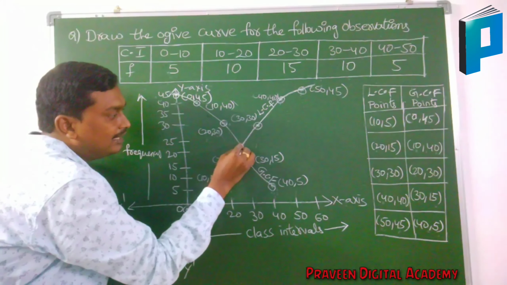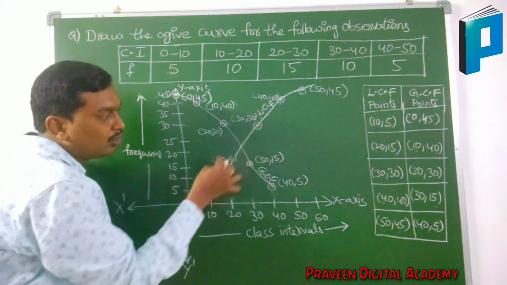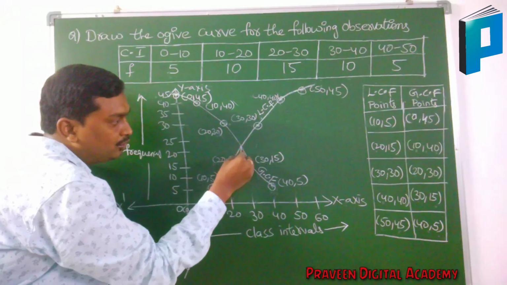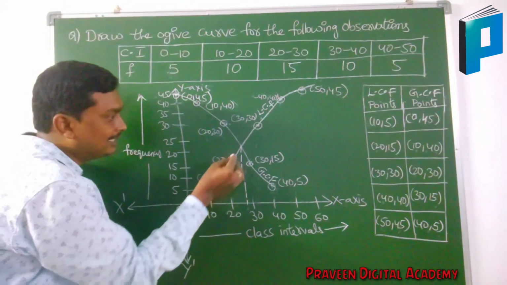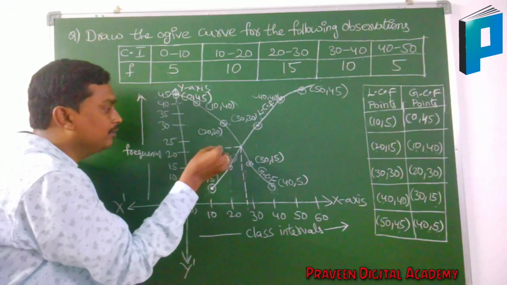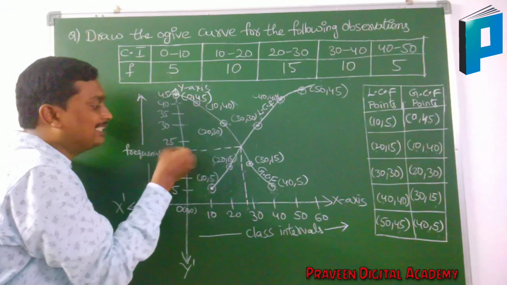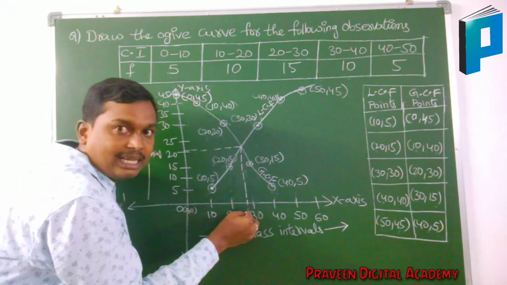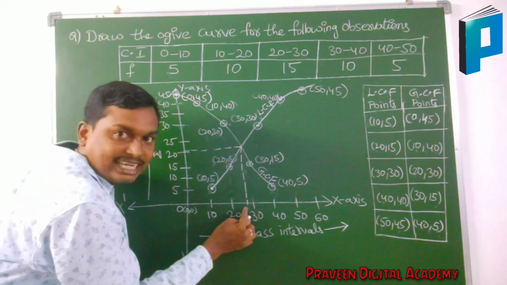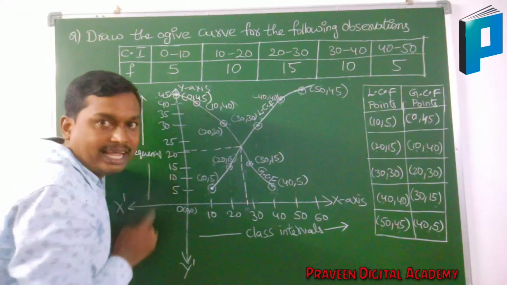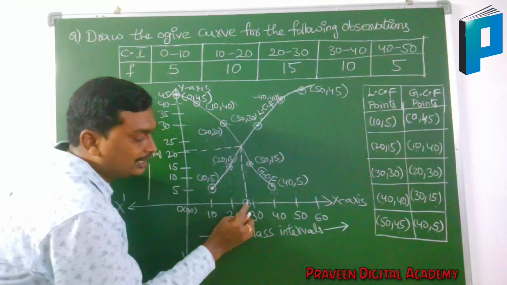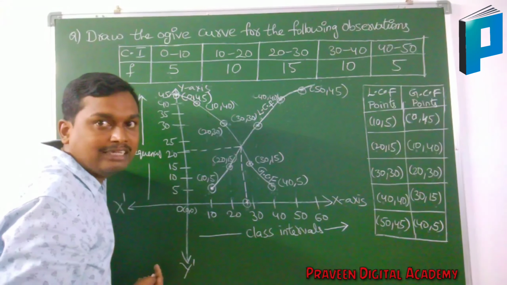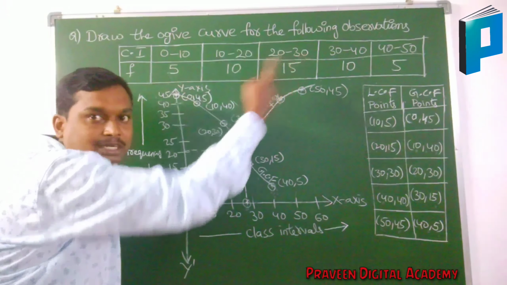Where these both curves meet, draw the perpendicular lines to the x-axis and also to the y-axis. Where it meets the x-axis, that point is called the median of this data.